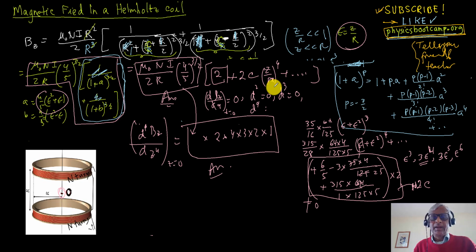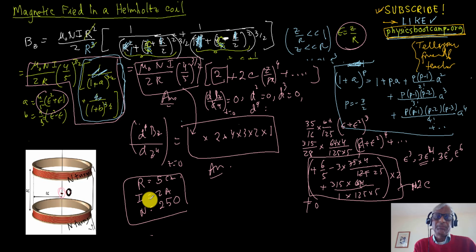Okay. What are the kind of typical values that people use in the lab? R can be like 5 centimeters, something like that. The current can be 2 amps. N can be like 250 turns or so. So you may want to work it out with these values.